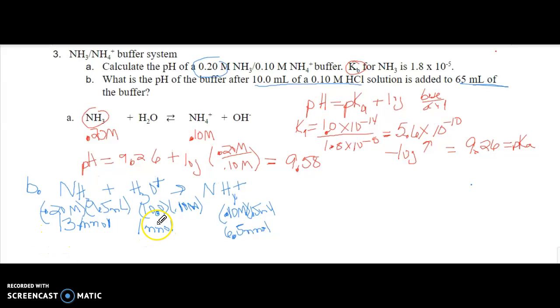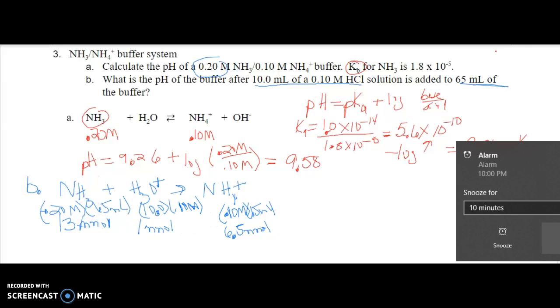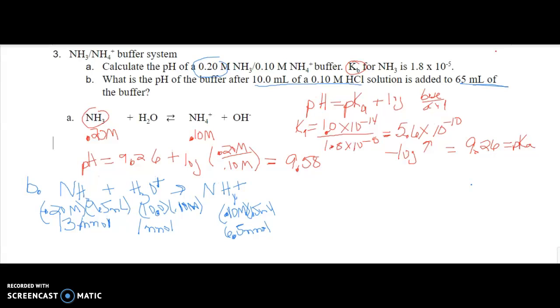So my reaction is going to be limiting with this. So I'm going to subtract 1 millimole because that's all I'm going to have available to me. So that's going to give me 12 millimoles of this.